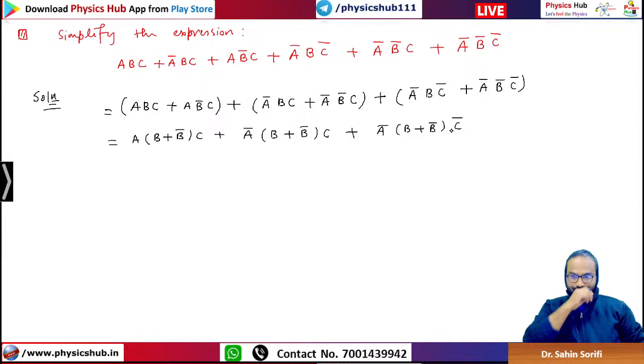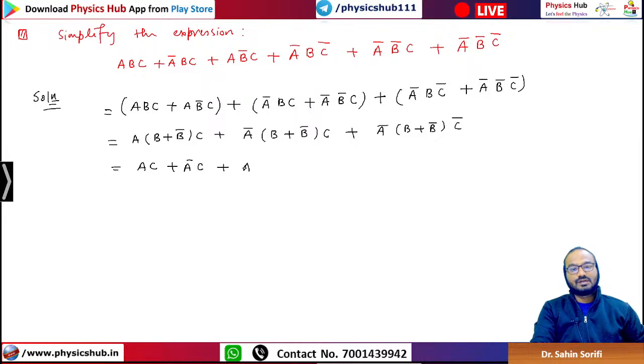Now you know B plus B complement is 1, so it becomes AC plus A complement C plus A complement.